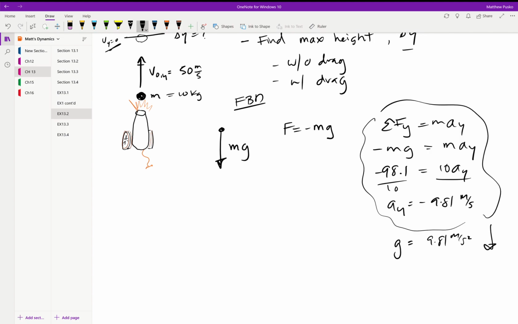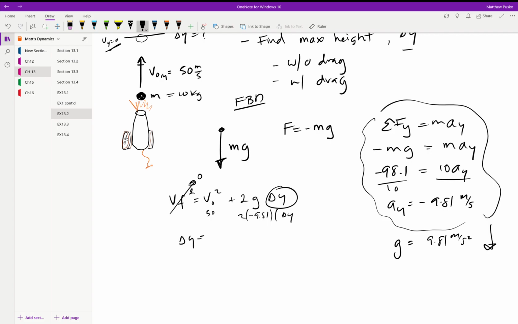Okay, now that we have that, we can say the final velocity squared is equal to the initial velocity squared plus 2 times gravity times delta y, and solve for delta y. V final goes to 0 at the top. We know the initial velocity was 50. We know gravity, we'll put in a negative 9.81, and we can solve for delta y.